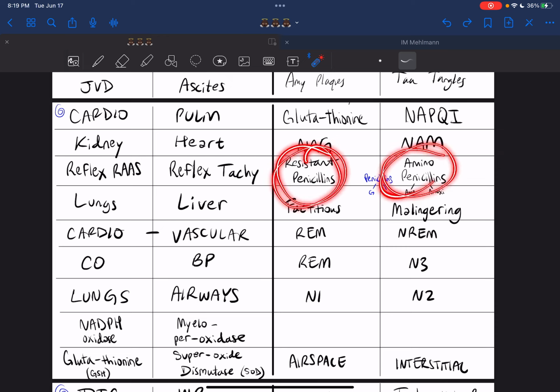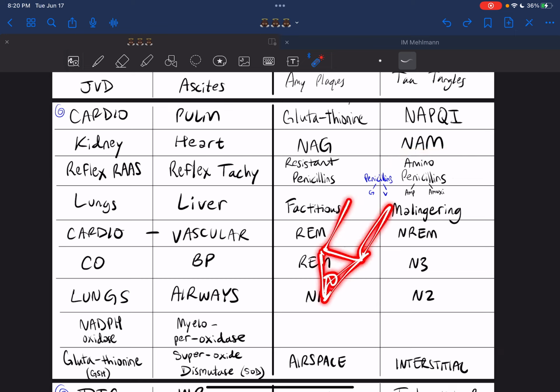Tough versus sharp. Good at defense versus good at offense. So the resistant ones, they are resistant to beta-lactamase, versus the amino ones, they're sharp enough to pierce through the cell membrane pores, and they can penetrate inside the bacteria.